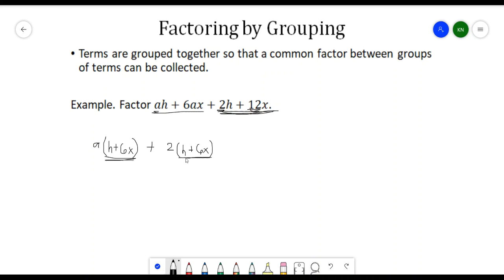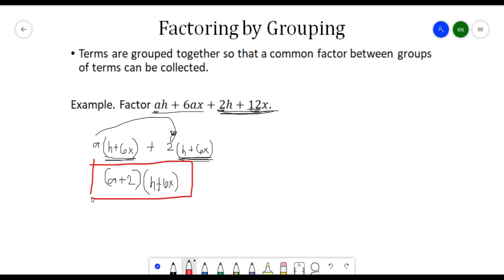Meaning we can combine this into a factor. We can add a plus 2, which is the common between the two terms. So a plus 2 can be multiplied by our h plus 6x. Meaning to say this is already the factor of our expression here.